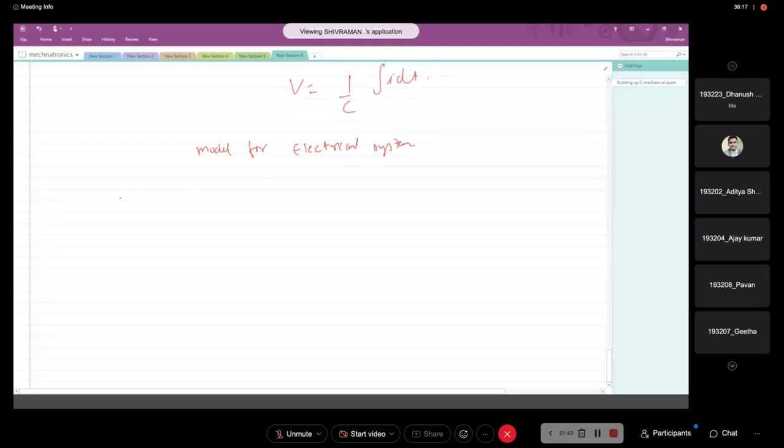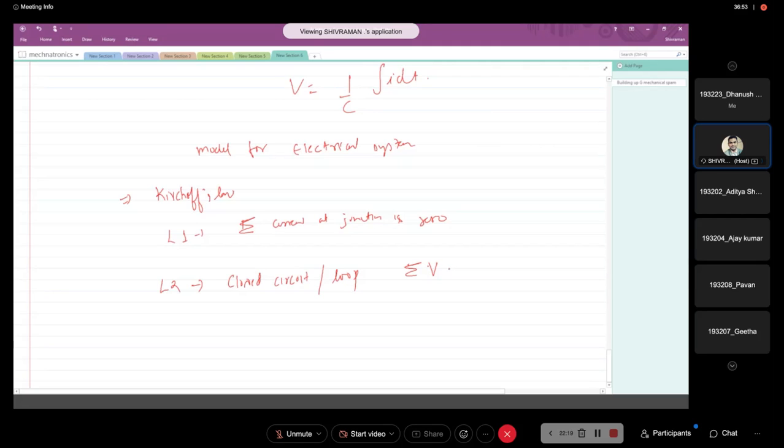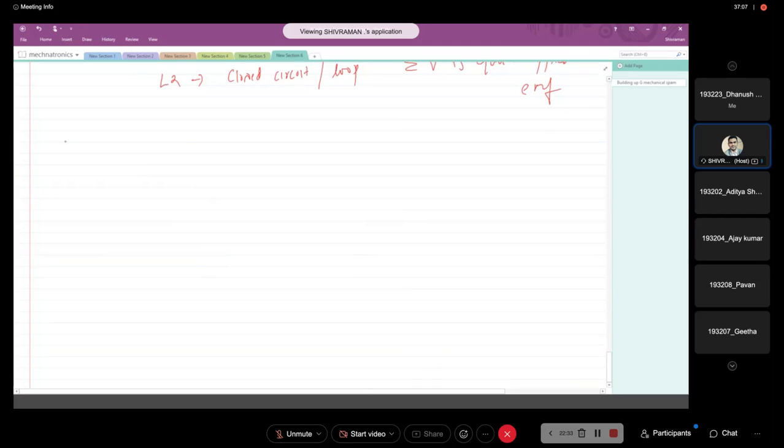In order to develop a model for an electrical system, as your mechanical system follows the basic law of physics, that is Newton's law, here you are following Kirchhoff's laws. The first law is that the algebraic sum of current at a junction is 0, and the second law is that in a closed circuit or a loop, the algebraic sum of potential differences V is equal to the applied EMF.